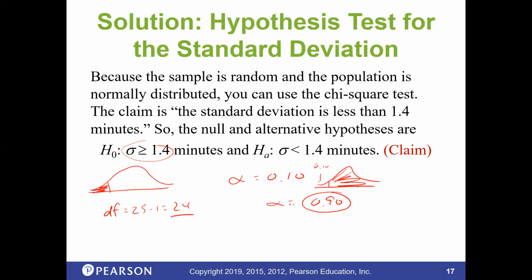Alpha level 0.90, degrees of freedom is 24. Awesome. Okay. 15.659. Boom. Thumbs up if you guys got that.